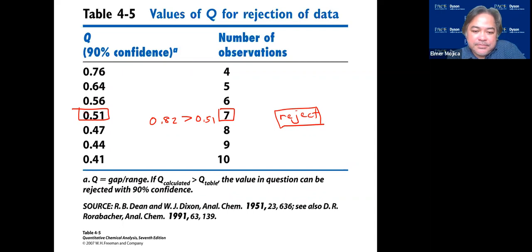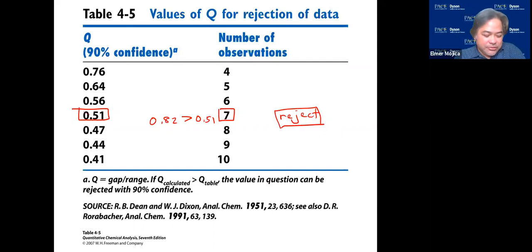Okay? So in all of the calculations, you compare the value that you calculate with a table that will tell you whether there's a significant difference or not. If the calculated value is higher than the one in the table, then there's a significant difference. For the Q test, if the Q experimental or calculated value is higher than the Q table, then you have to reject.